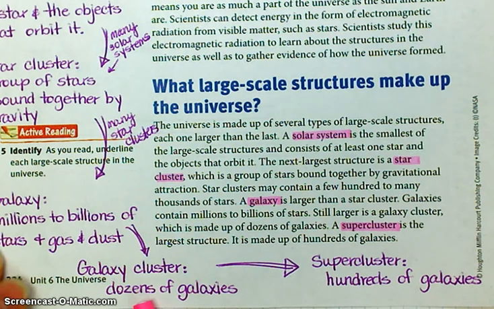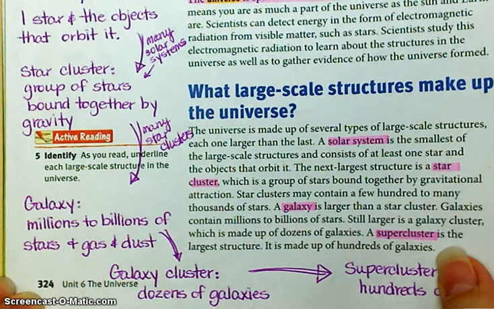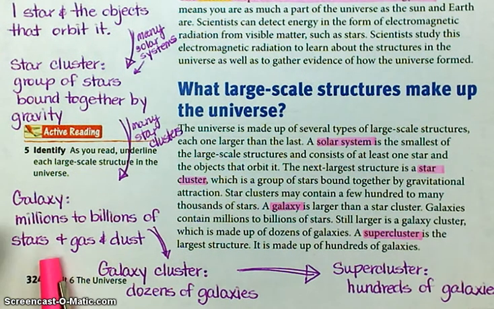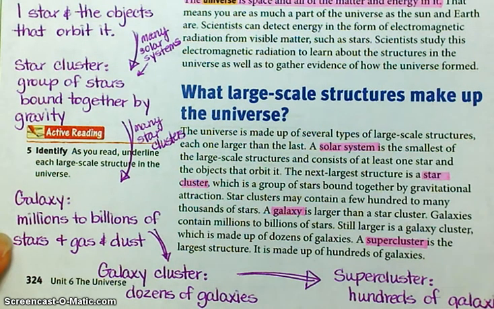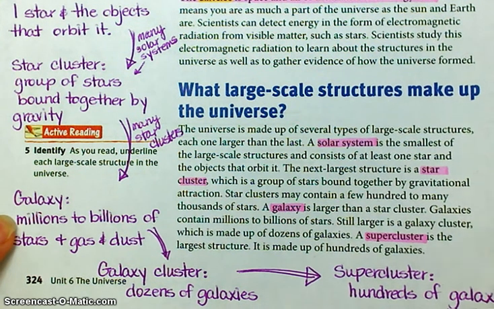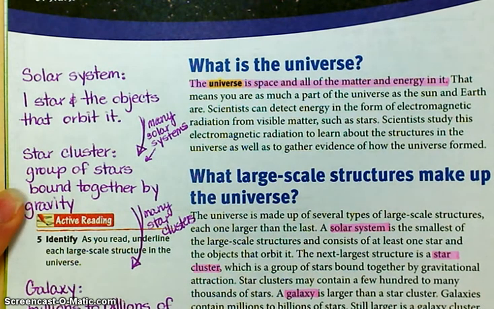And then those galaxy clusters are made up of individual galaxies. And remember that a galaxy is millions or billions of stars plus those clouds of dust and gas. Within a galaxy, you have many star clusters. Star clusters are groups of stars that are bound together by gravity.